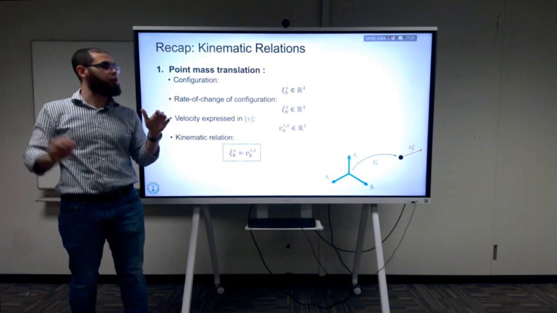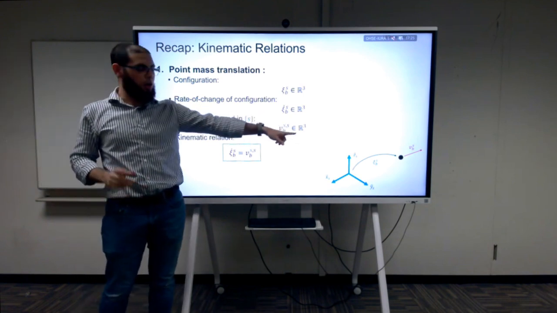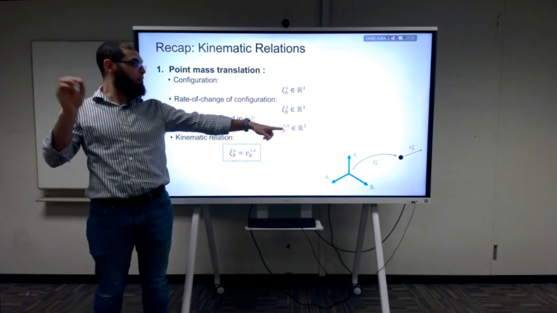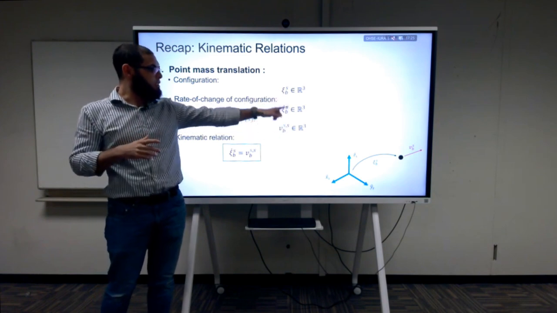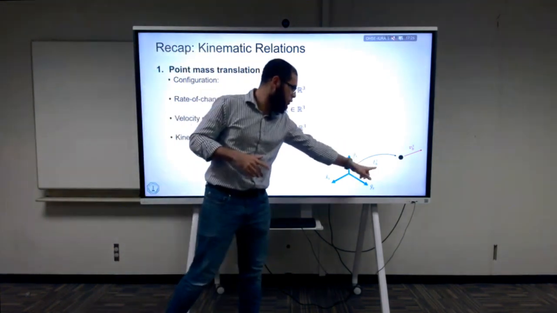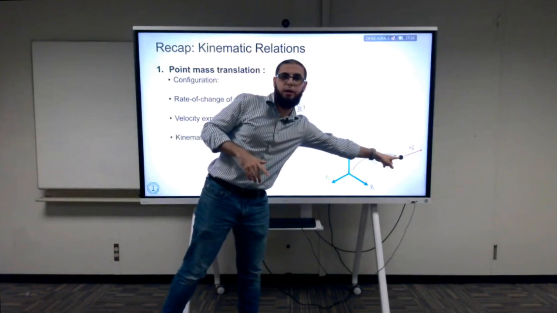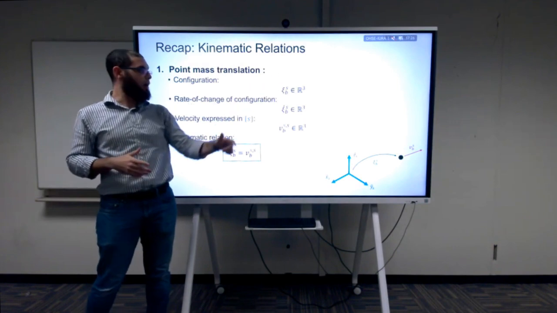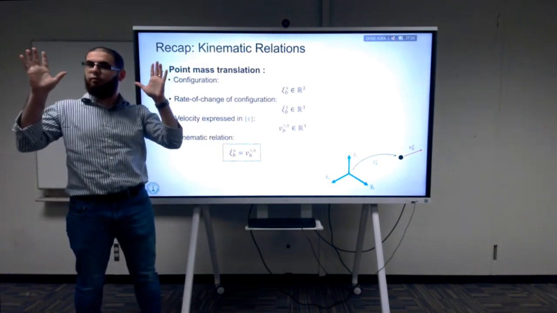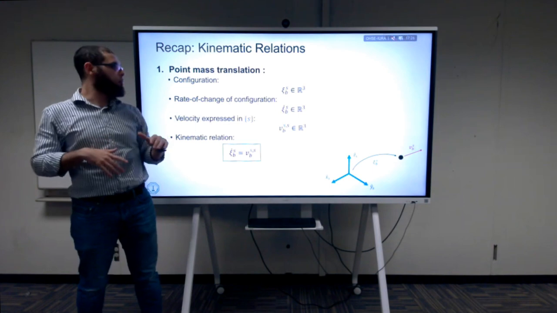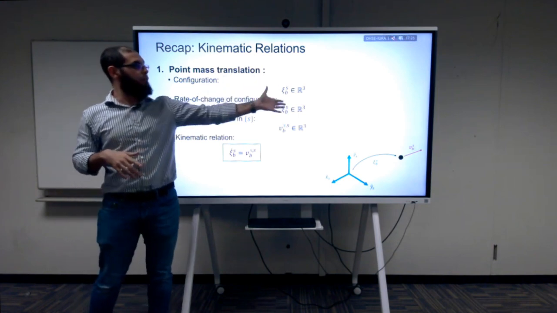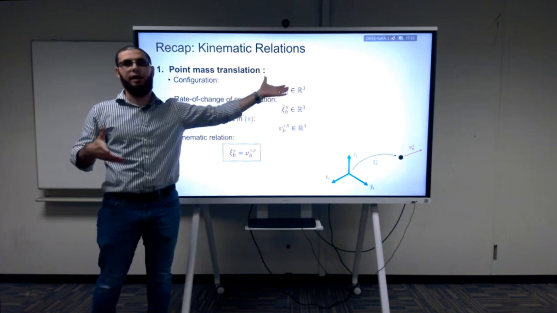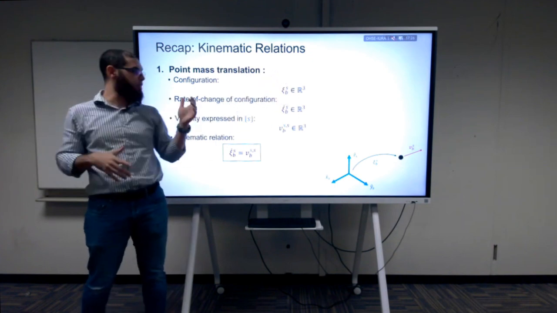So the only variable I need to describe the configuration of this point mass is three numbers that correspond to the location of this point in the stationary frame. This is psi b with respect to s. It's a 3-vector, again, vector as in three numbers. Its configuration space has some Euclidean structure, some Rn structure, so you're familiar with it.